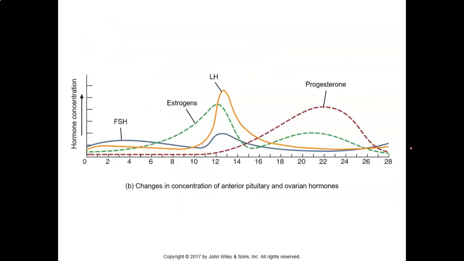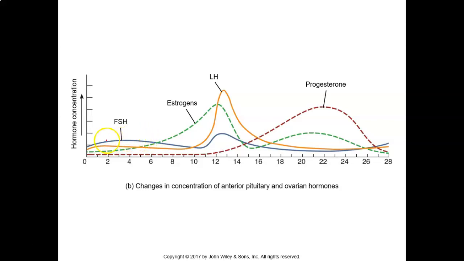And this is just, again, a graphic of the hormones throughout the uterine and the ovarian cycle. FSH, follicle stimulating hormone. You can see how it never really elevates to any extent.